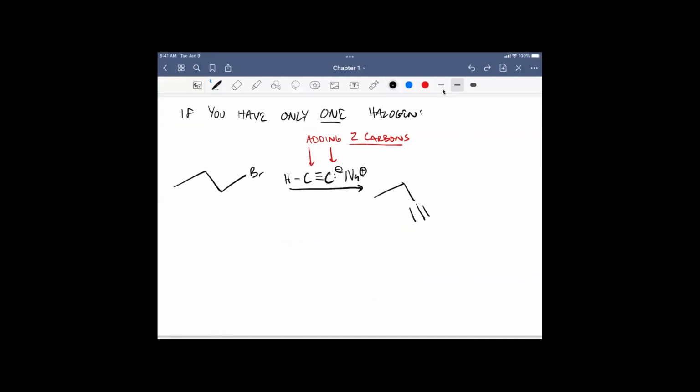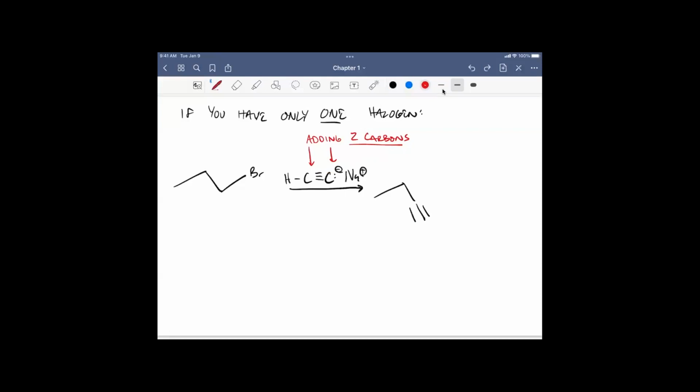If you only have one halogen, you don't use excess NaNH2 and H2O. You can use this reagent. This is taking a strong base in this reagent right here, and you get a negative charge from it, so you can take out, in this case, a primary halogen, and replace it with a double bond.